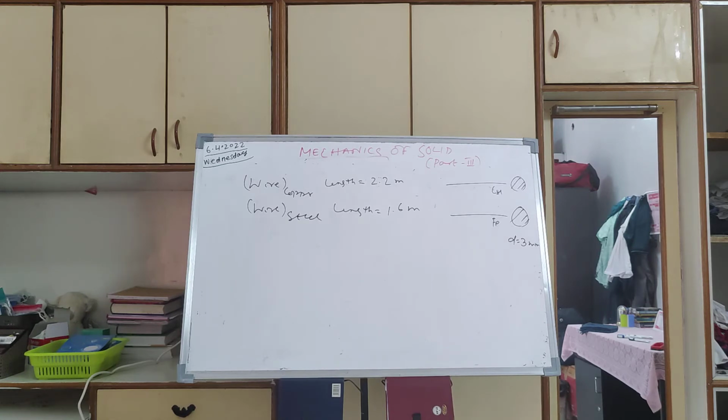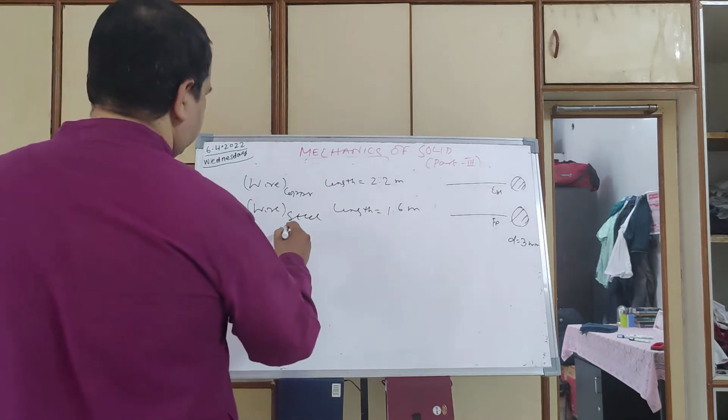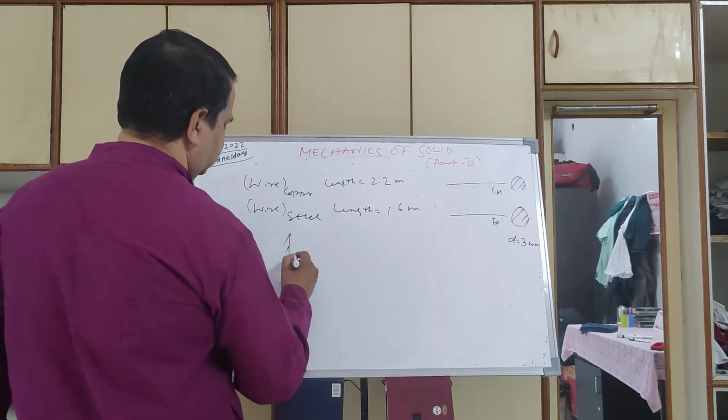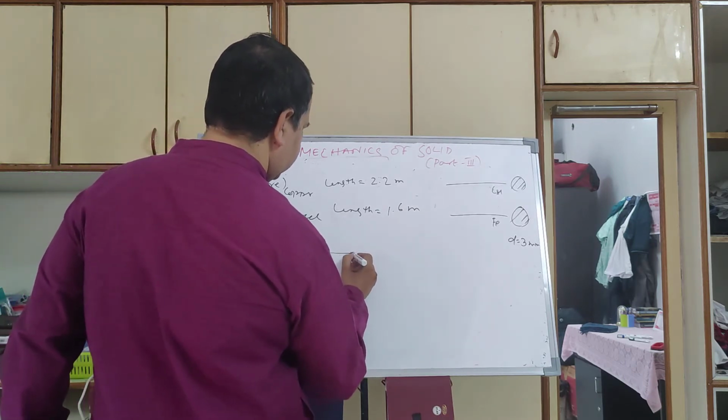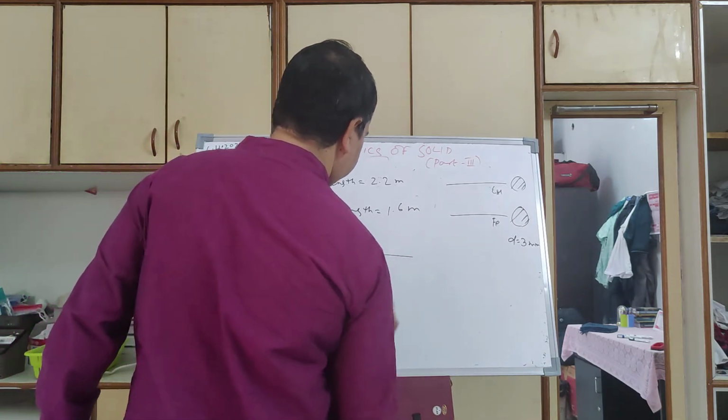They are connected end to end. When stressed by a load, the net elongation is found to be 0.7. Obtain the load applied. So these two wires are connected end to end. This is one wire, then you are connecting another wire.